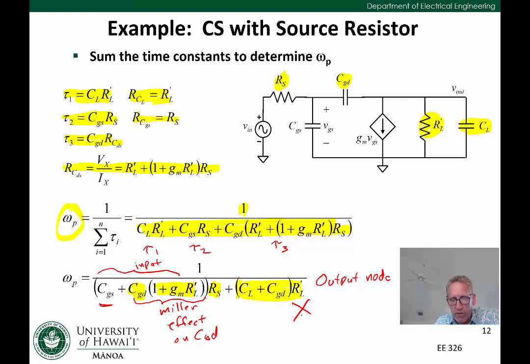But if we have a very large source resistance, which may happen sometimes, even though it's not really how you'd prefer to design it, then this input term could dominate. This shows you the relative contribution to this pole frequency from both the input term and the output term in the case where we don't have a dominant pole. Okay, so that's the method of open circuit time constants. Thank you very much.